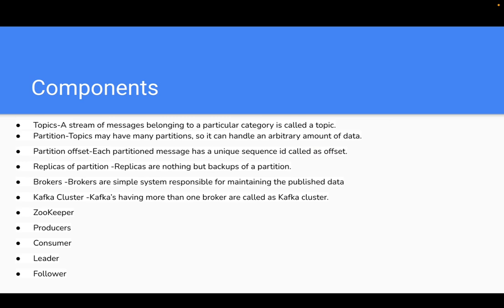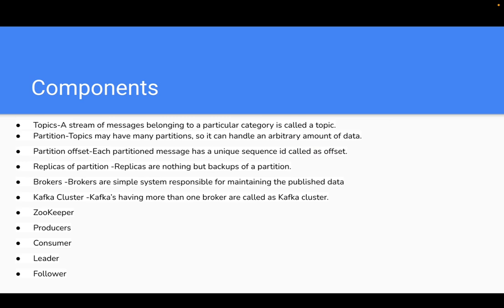Topics are a particular category of message that you want to store in Kafka. For the partition offset, each partition message has a sequence ID, and on the basis of the sequence ID you can treat and store those messages.